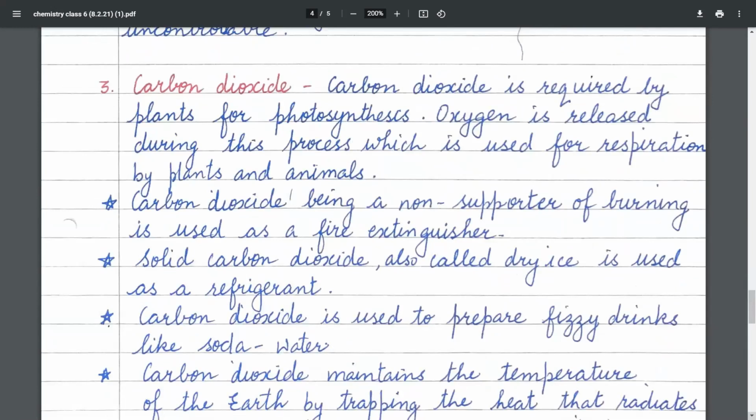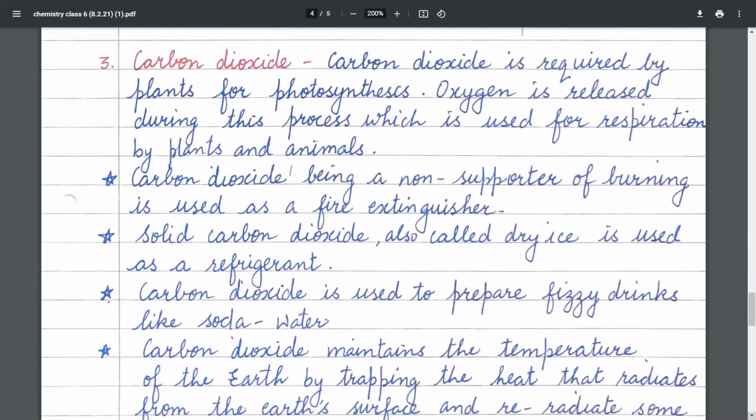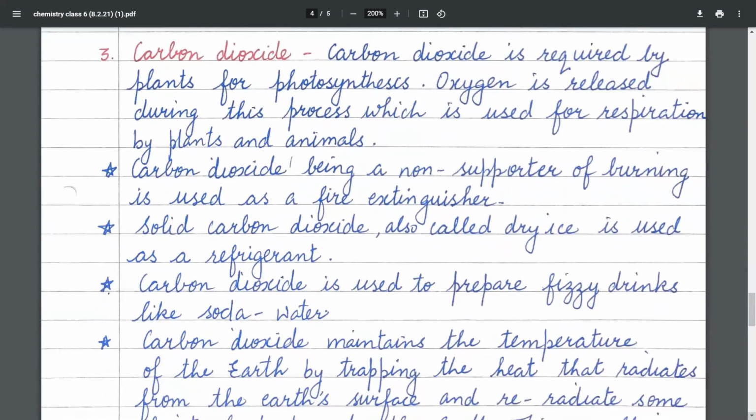Now, the third component of air, that is carbon dioxide. Carbon dioxide is required by plants for photosynthesis. Oxygen is released during this process, which is used for respiration by plants and animals.